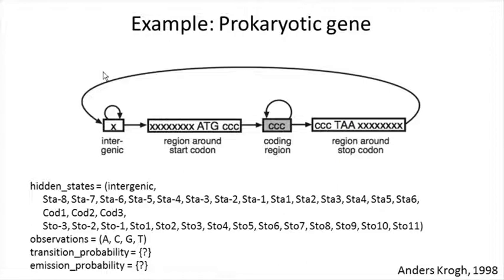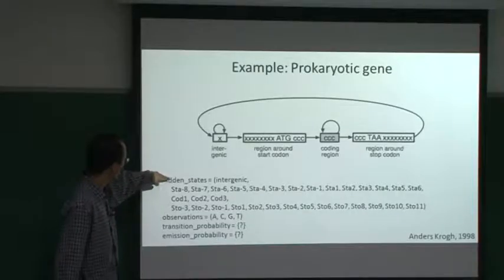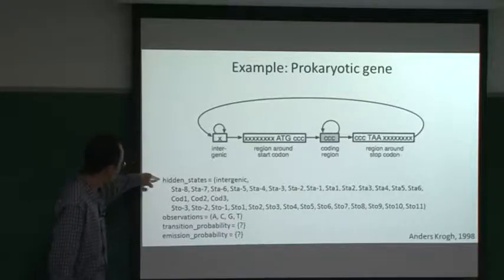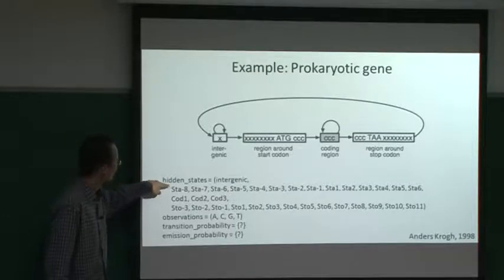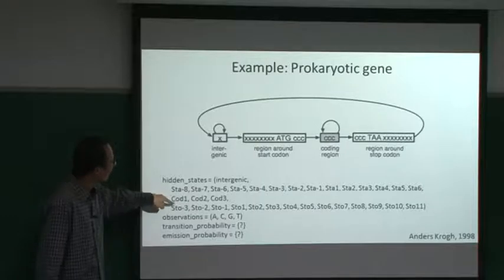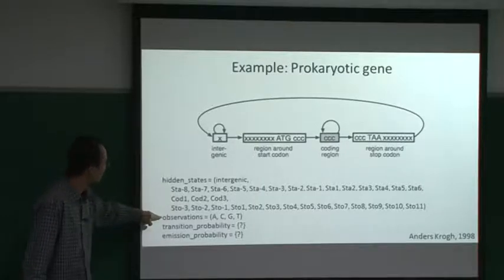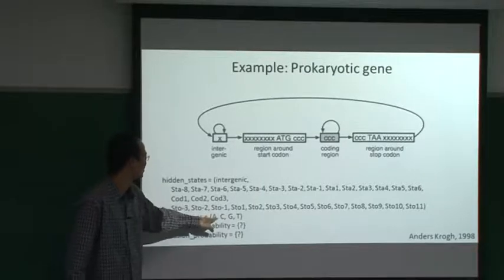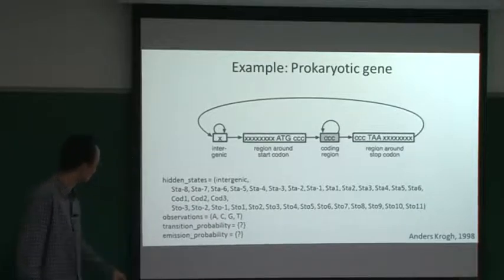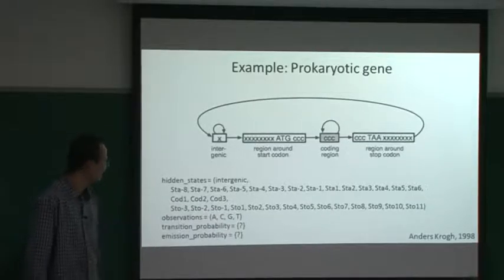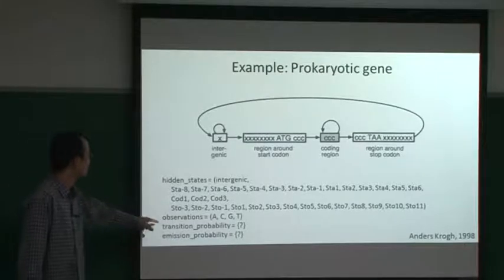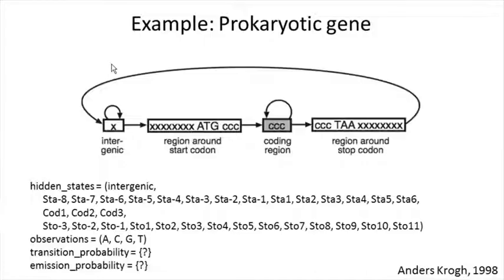It fits the prokaryotic unspliced gene. So for every base pair, it may have so many hidden states, but the observation is still the 4 bases, A, C, G, T. And the transition probability and the emission probability we do not show here. They are also based on the DNA sequence statistics.